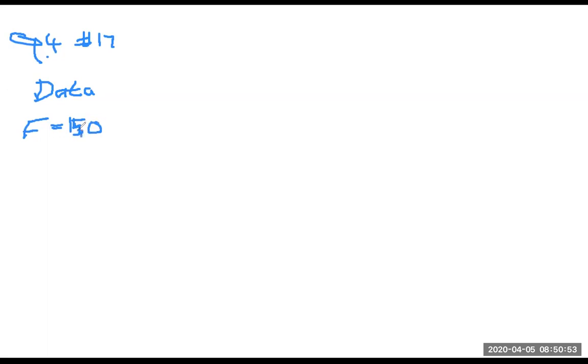Let's make that part of the 5. So I got 150 newtons applied to a flywheel of diameter 45 centimeters. Right away, 2 things I don't like. Diameter, I want radius. Centimeters is not a proper unit. Meters is the only proper unit. So we're going to have to change that.